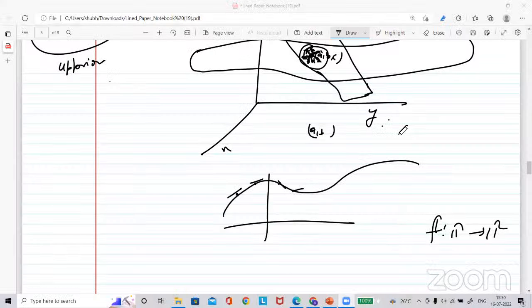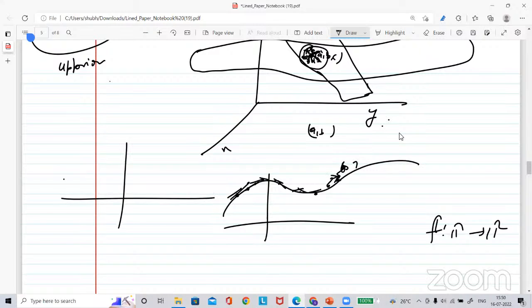In R2, the tangents are used like this: at this point you are able to draw a tangent, at that point you are able to draw a tangent. If you don't have the function, you are somehow able to draw and approximate that function. Suppose somebody has said that your tangents are like this.